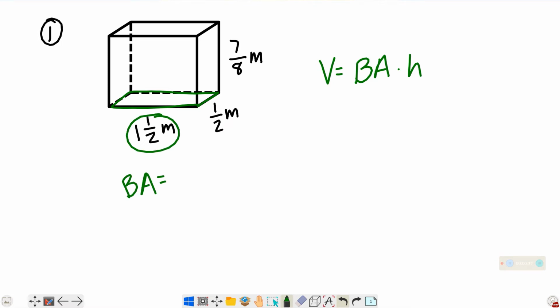This fraction changes into 3 over 2 because 1 times 2 is 2 plus 1 makes 3.